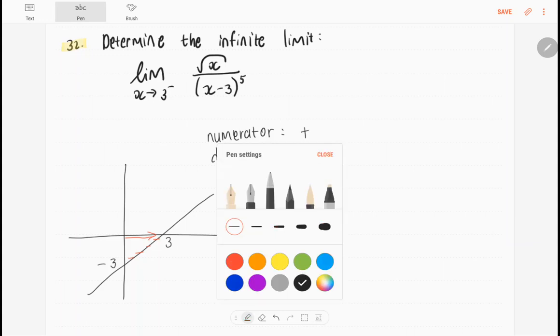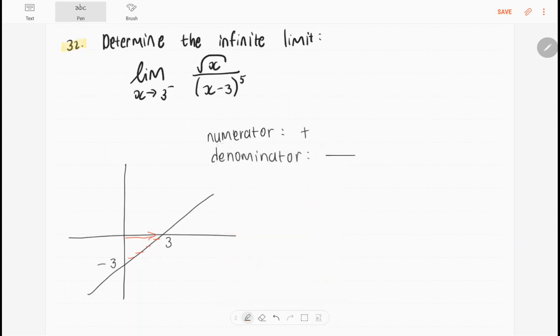So, I'm just going to write here that the denominator approaches 0 from the negative side as x approaches 3 from the left.